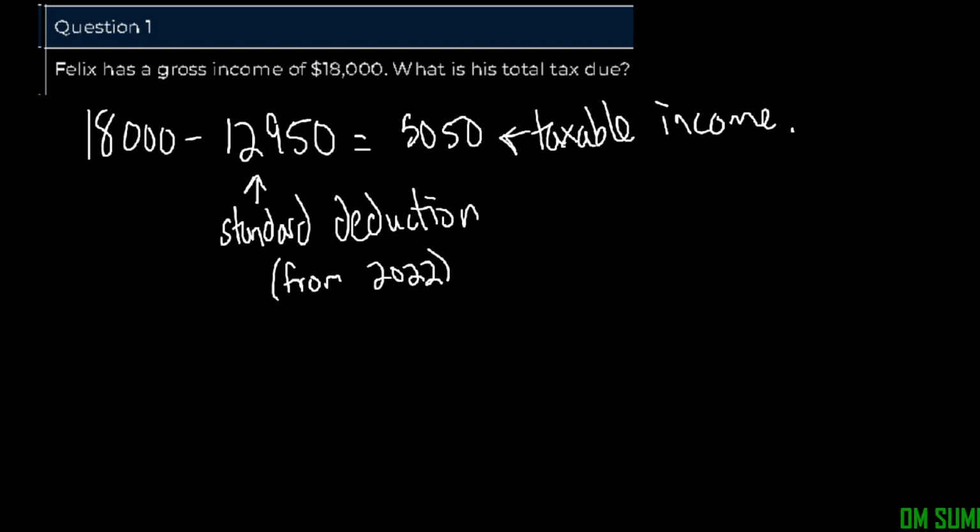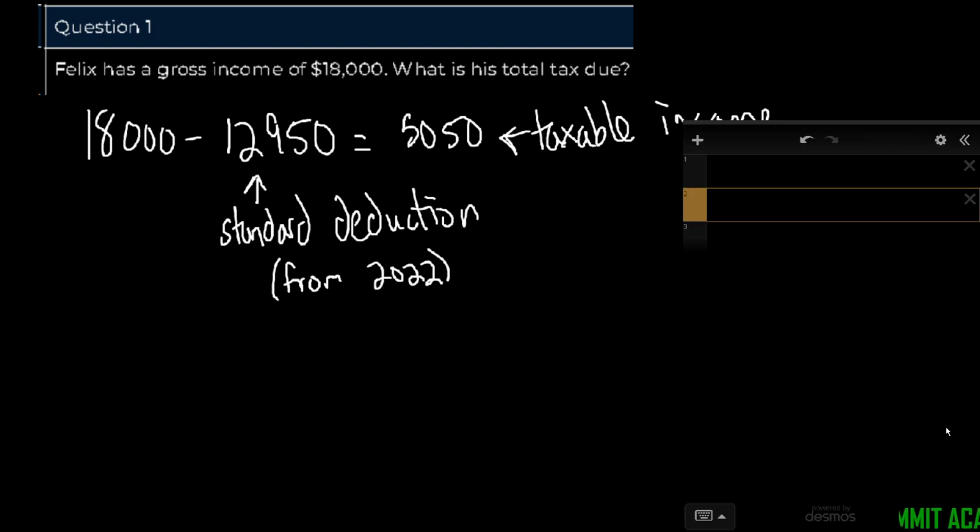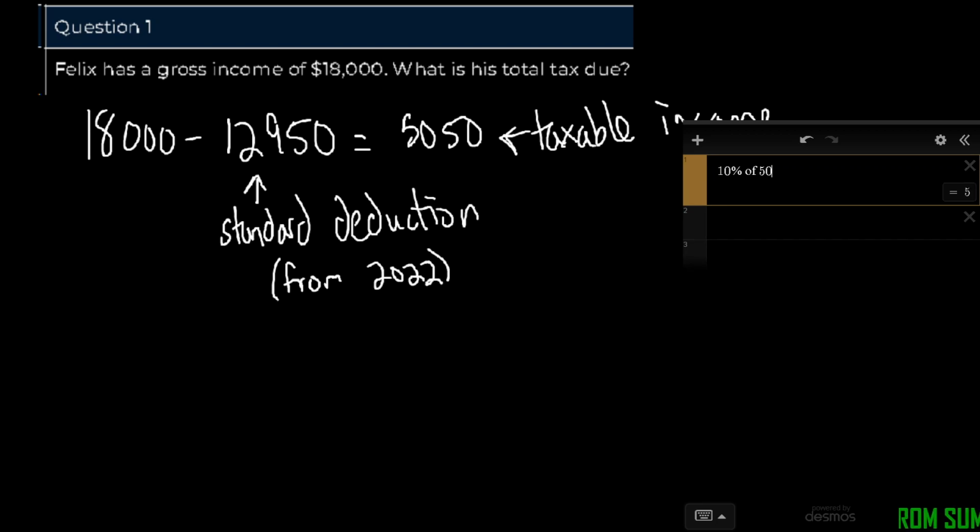Let me pull up Desmos real quick. I'm going to take 10% of, for that button you do Shift 5 and it does percent of. I'm going to do 10% of $5,050, which is 505.